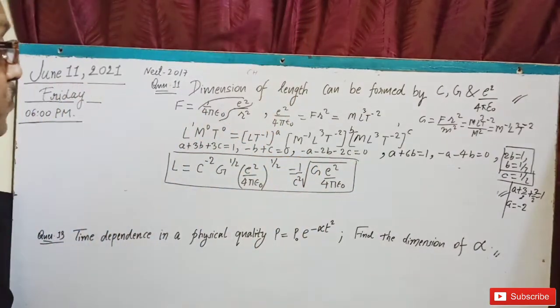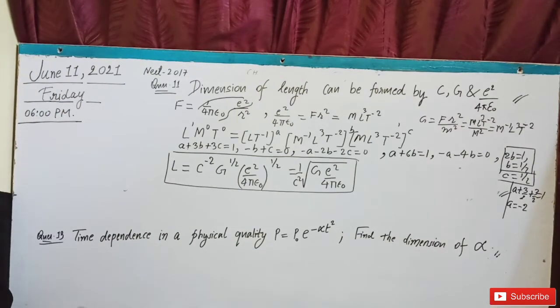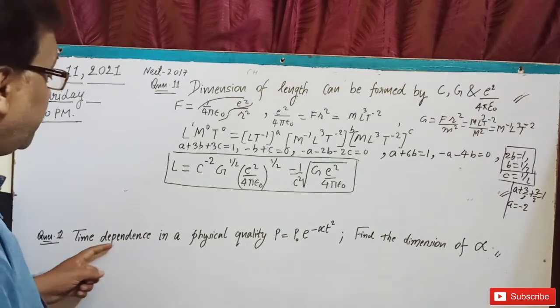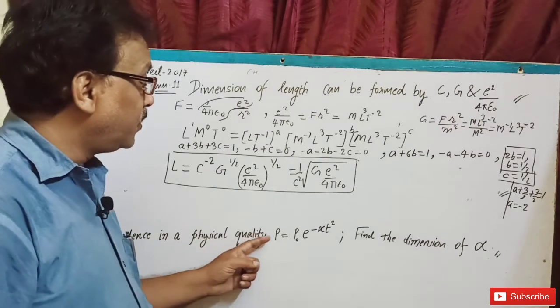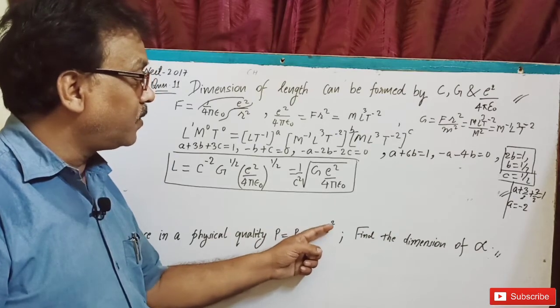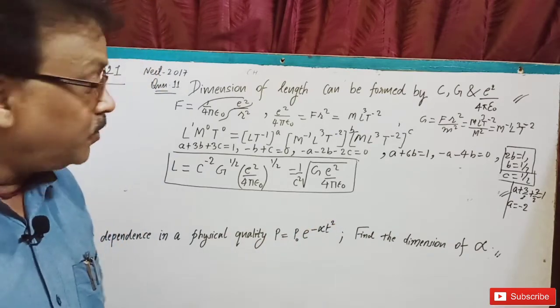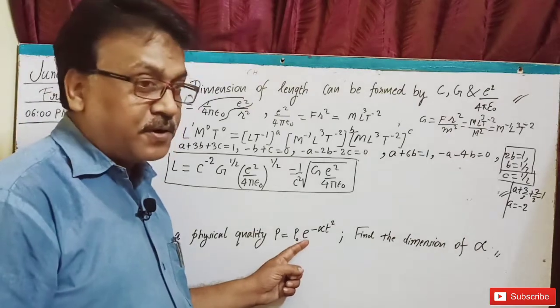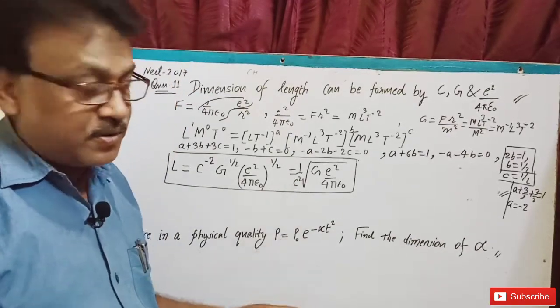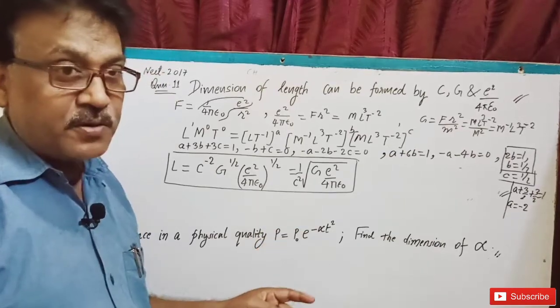Now you look at another problem. Time dependence of a physical quantity P is P equals P naught e to the power minus alpha t square. As we know, an exponential quantity has zero dimension. It has no dimension.